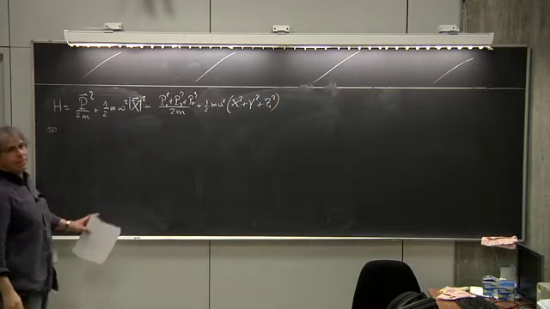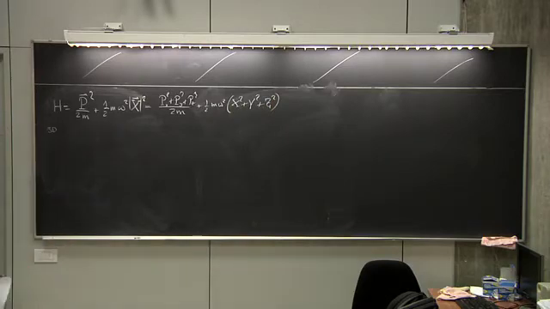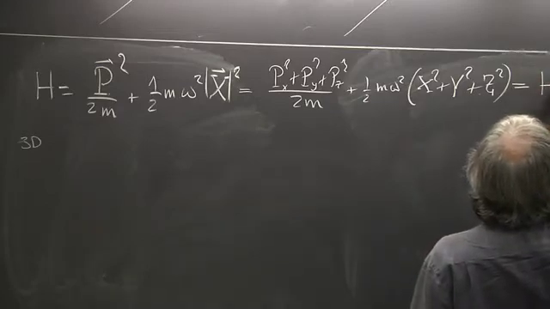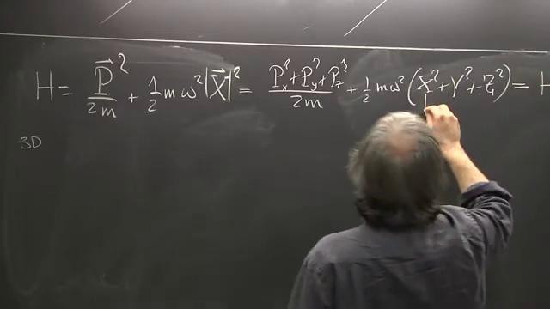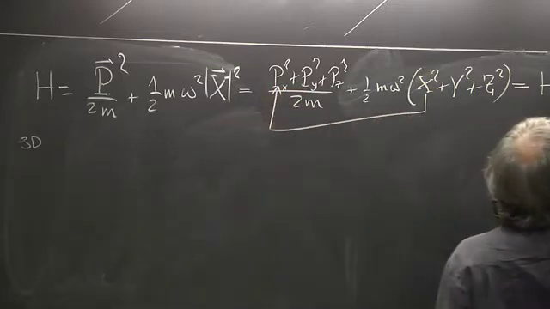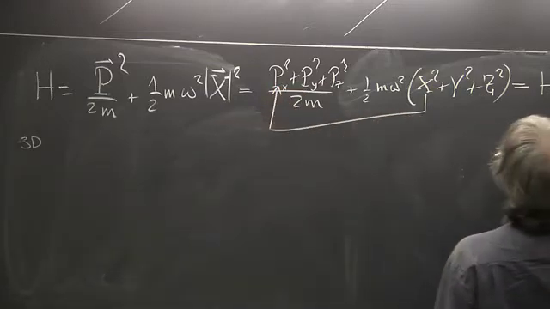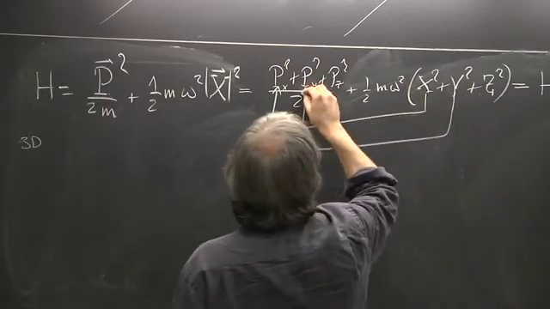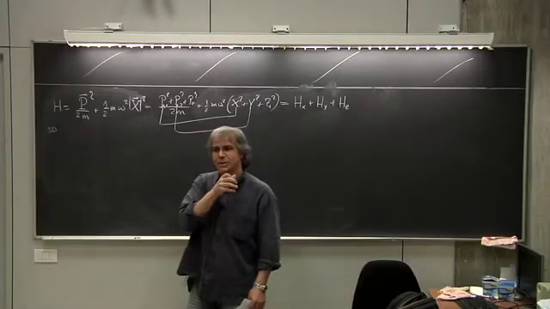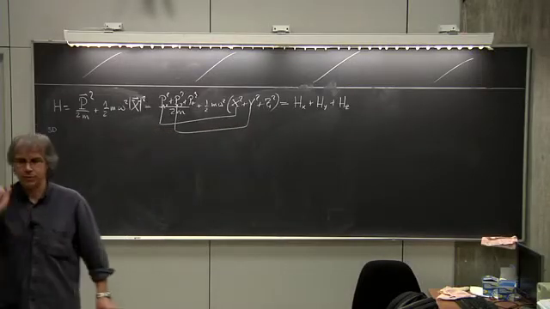Therefore, the full Hamiltonian is really not intrinsically three-dimensional. It's just a sum of a Hamiltonian that regards x, which appears there, a Hamiltonian that regards y, which appears there, and a Hamiltonian that regards z. Okay? So the three coordinates really appear as sums of terms.